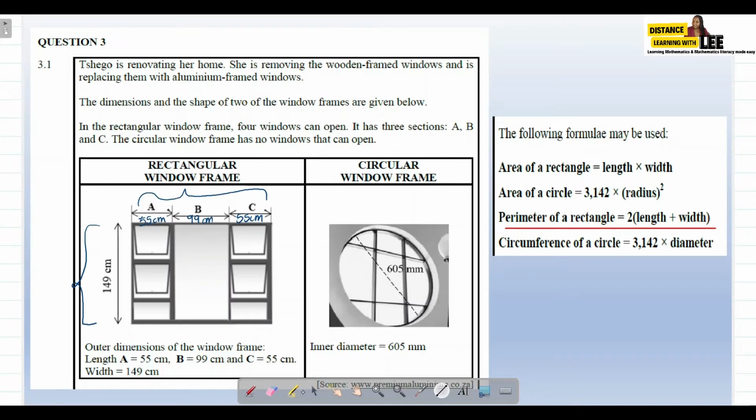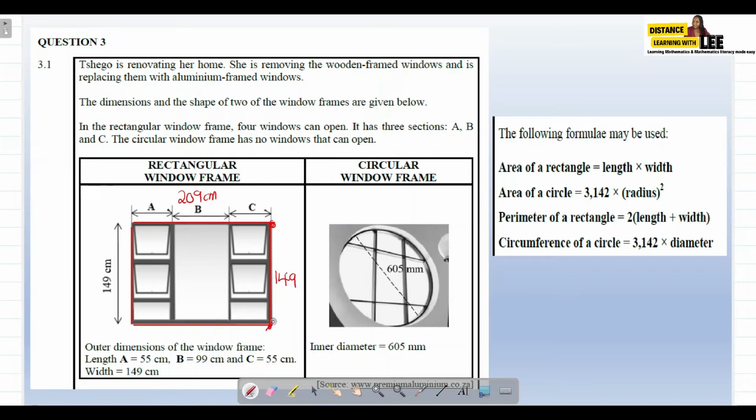All that you need to do, if they didn't give you the formula for the perimeter of your rectangular window frame, is literally add the length from there to there, plus the length from there to there, plus the length from there to there, plus the length from there to there, right? So we know that the length from A to C is 209 centimeters, right? Then the length from this point to that point is 149 centimeters.